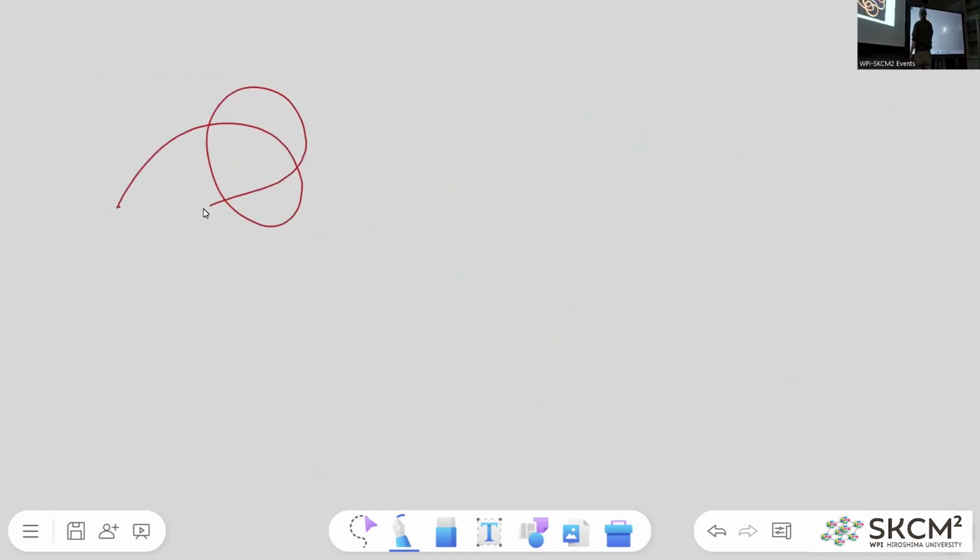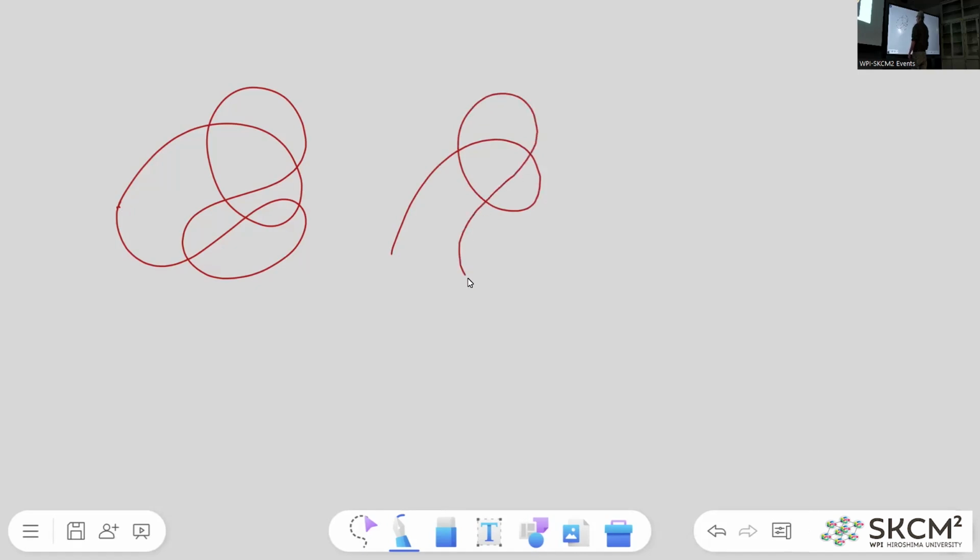Suppose that I have this example, and now let's suppose that I had in mind to make such a traverse.